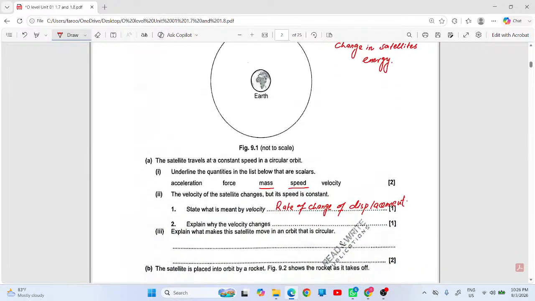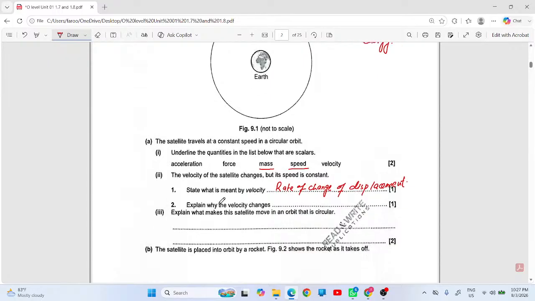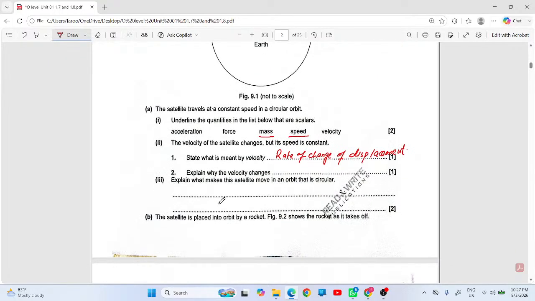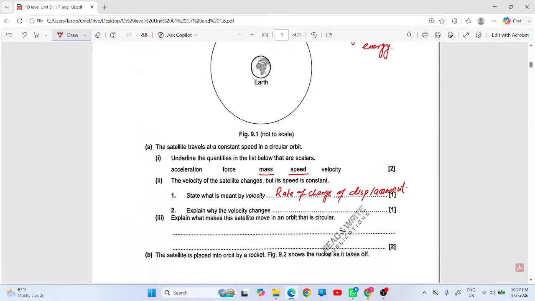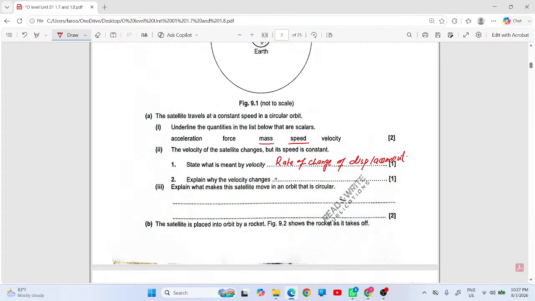Okay, next. Let us read further. Explain why the velocity changes. Due to the change in direction of velocity.